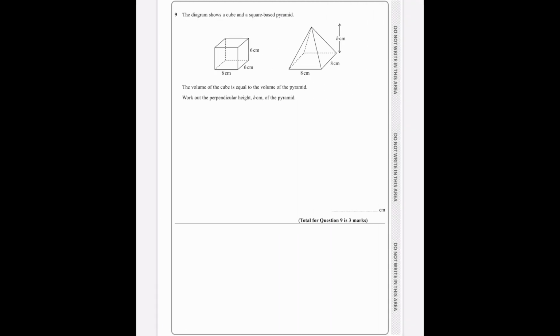Question number 9, we've got ourselves a cube, so it's a 6 by 6 by 6 cube, so the volume of it will be 6 cubed, which is 216. For the volume of a pyramid, 1/3 times the base area times the height, 1/3 times 8 squared times h.